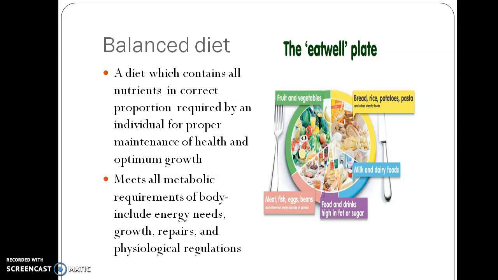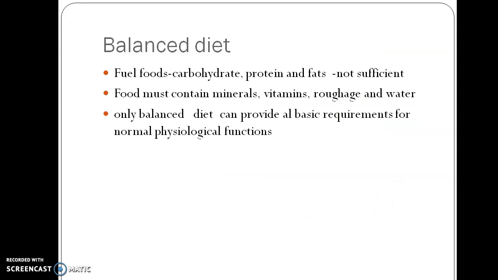So it should contain sufficient amounts of protein, carbohydrate, lipid, vitamin, minerals and water for promoting and regulating the metabolic processes. Cow's milk is generally regarded as a natural balanced diet because it contains enough nutrients.